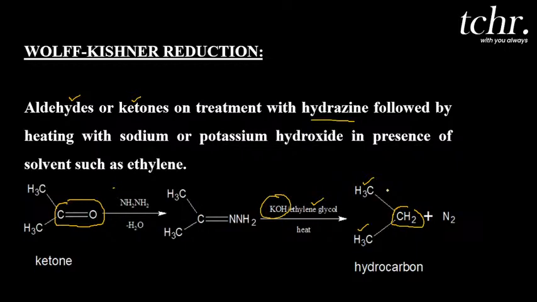So shall we work on it? Yes, let us work on it and see how we got the hydrocarbon. So what example did I take? Yes, I had taken a ketone, right? You can take an aldehyde or a ketone. If you add one R group it becomes an aldehyde, if you add two R groups it becomes a ketone. So what do I treat this with?